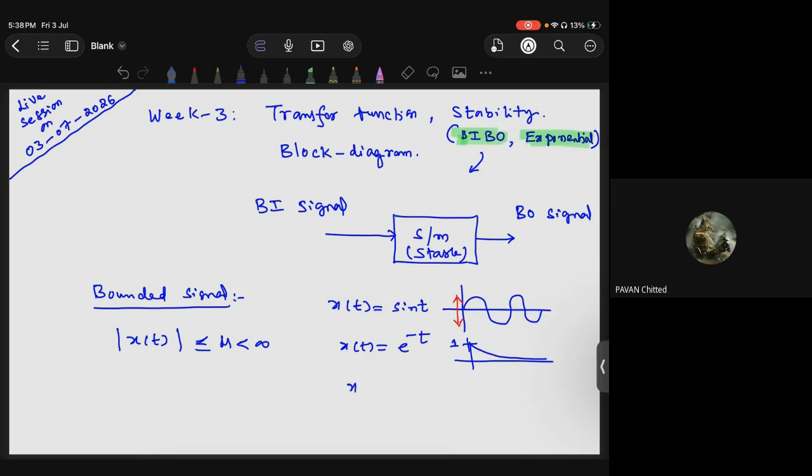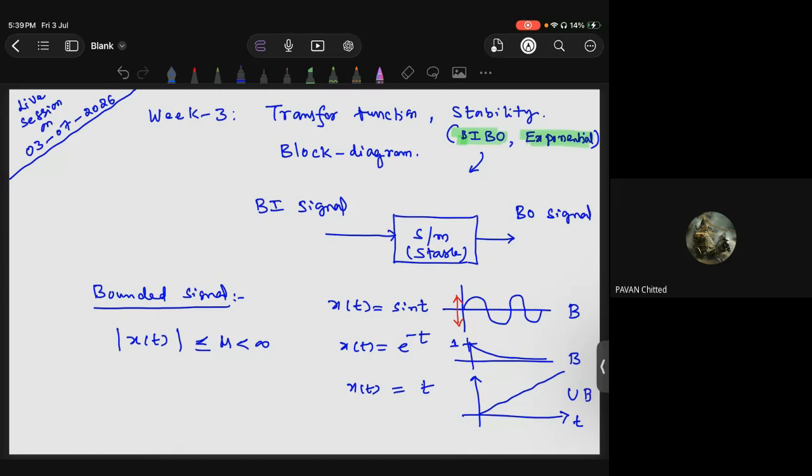Suppose you consider x of t equal to, say, t. How does it look? This is time versus x of t. It keeps increasing like this. For all time, this is not a finite value. This is unbounded.